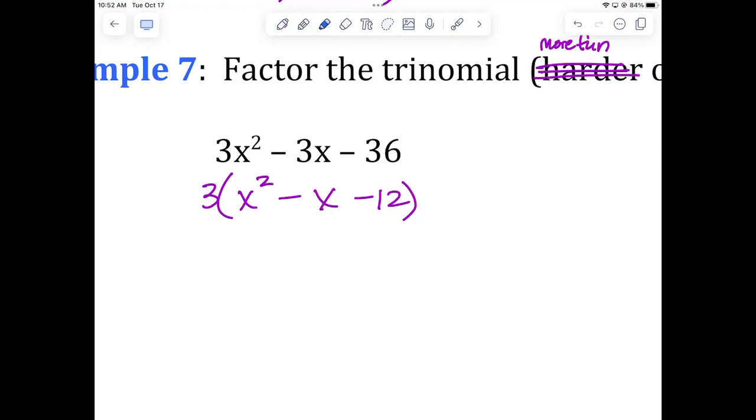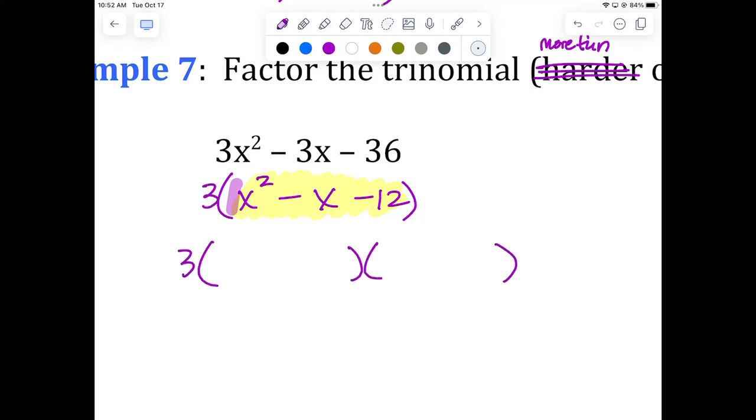Now, I've taken one that had a leading coefficient that wasn't the 1, which are the more fun ones, and I've turned it into a trinomial that does have a leading coefficient of 1. So now to factor that, I just bring the 3 on down, and then I double bubble because I'm going to factor the inside. It's 1x squared on the inside, so this is x and this is x.